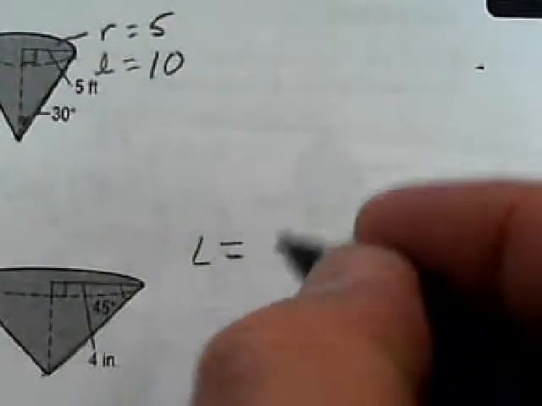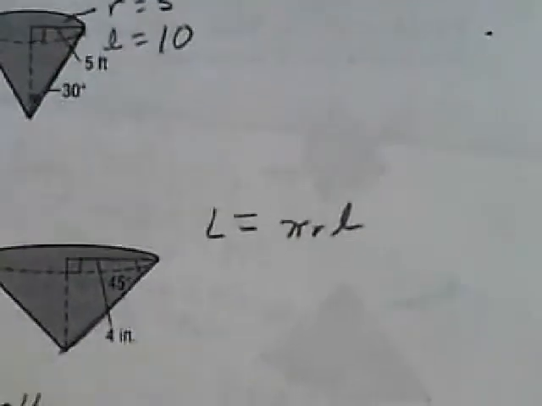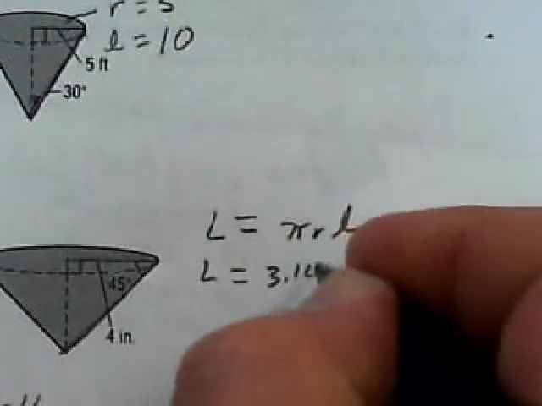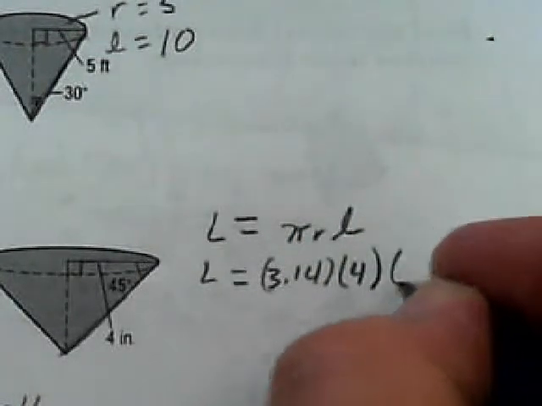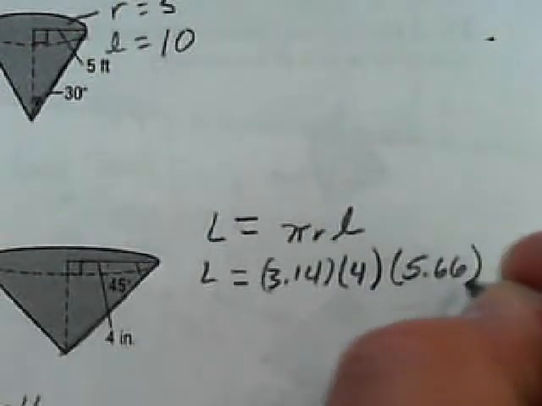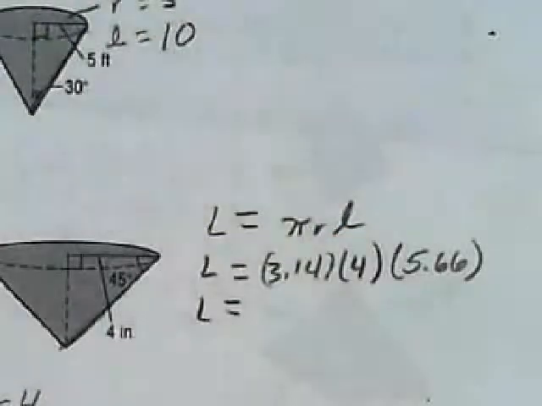I would have pi r L, so the lateral surface area would be 3.14 times a radius of 4 times a slant height of 5.66. So what's the lateral surface area? 71.1.